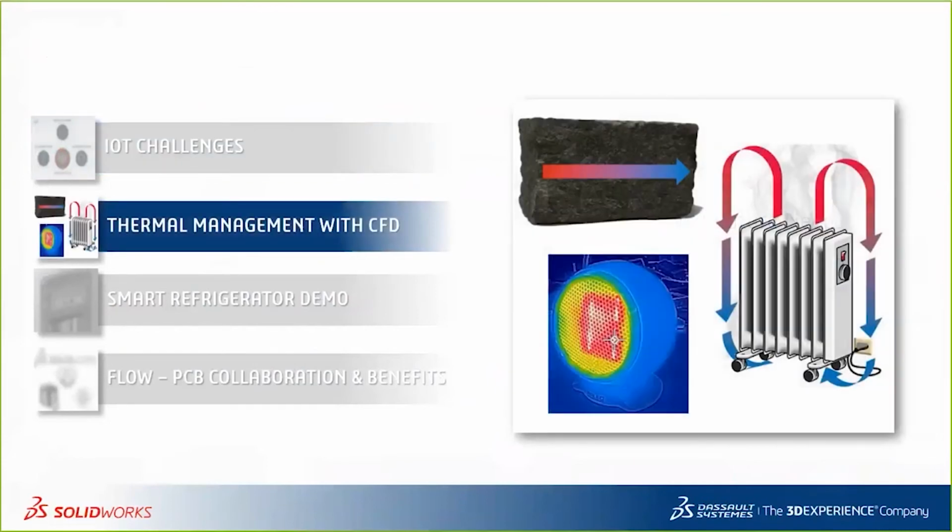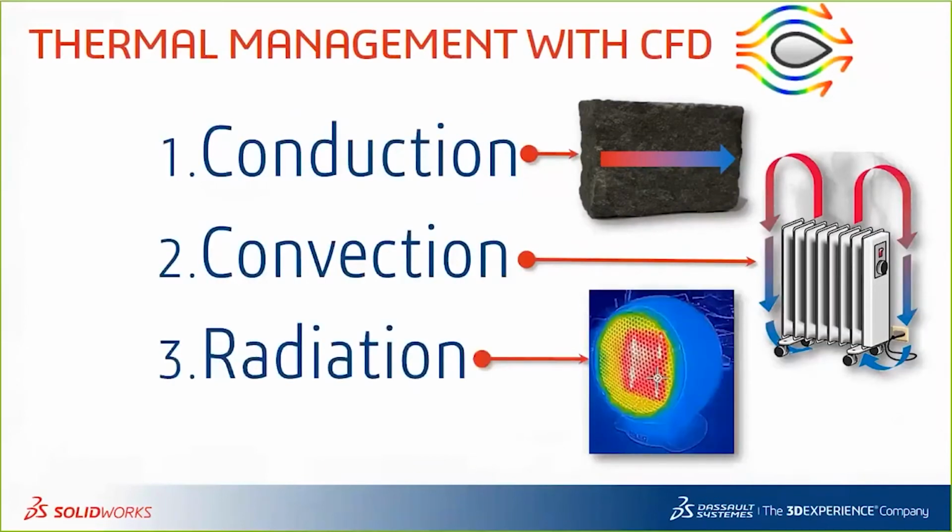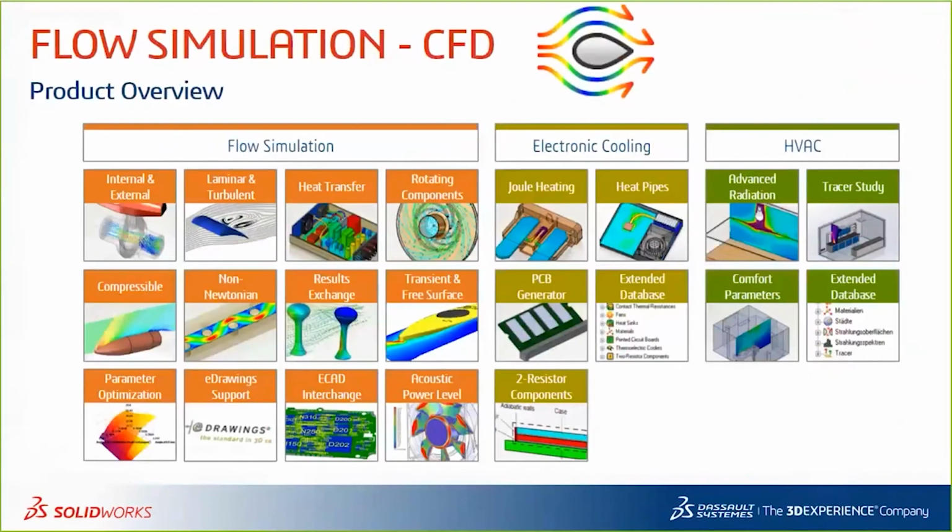So let's start with thermal management with computational fluid dynamics. Thermal management can really be categorized or fall into three different types of thermal properties: conduction, convection, or radiation. Again, these three properties can exist independently or together.